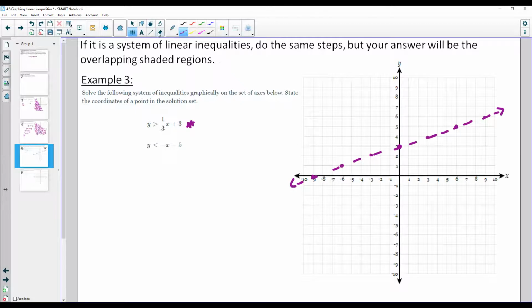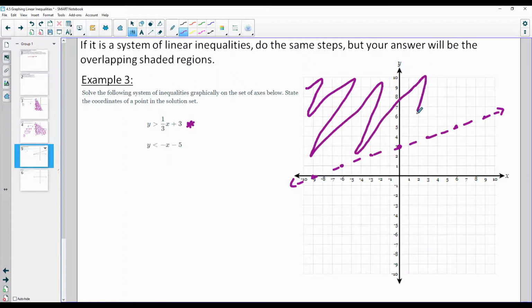And greater than means we're going to want to shade above. So I'm not going to go too crazy with the shading, but we want to shade above.